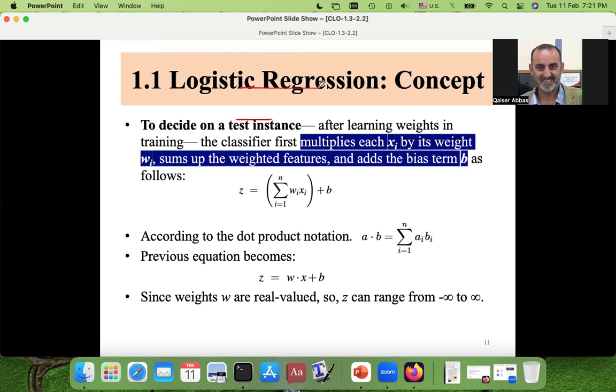Now we are going into details. So, learning weights: how will logistic regression learn weights? Keep this concept aside, because learning is not something for the beginning. That is during the training phase. We will discuss this learning later on.